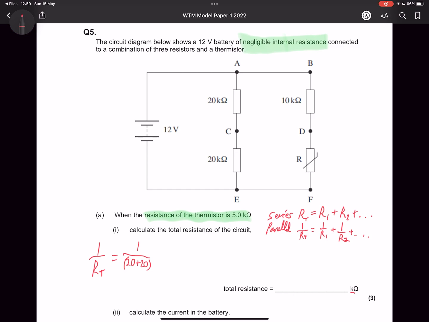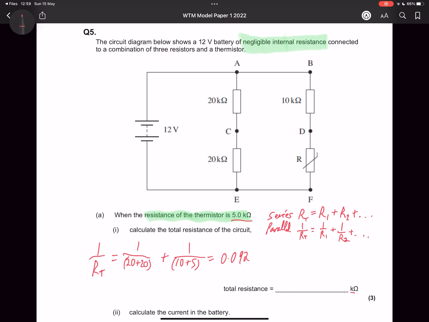And then we're going to have plus 1 over 10 plus 5. As the question states, the thermistor is 5 at this time. You'll notice I haven't put 10 to the 3 on any of these to state that they're kiloohms, and the fact that the answer itself is in kiloohms means it's utterly unnecessary.